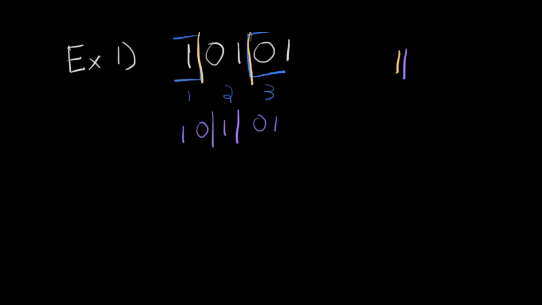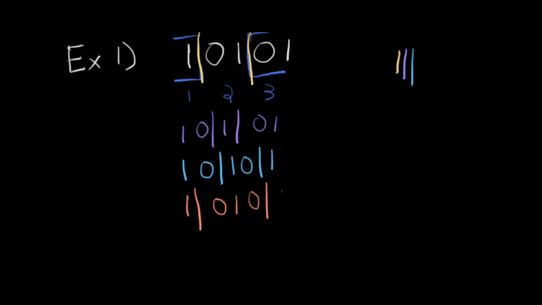The third way would be to do 1 0 in a group again, followed by this 1, and we'll put the 0 in the group there, followed by the 1. Then there's one more way to do this, and that is to have the first one by itself, and then 0 1 0 followed by a 1.